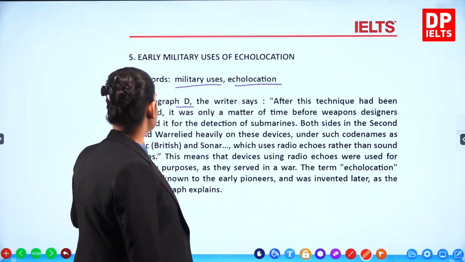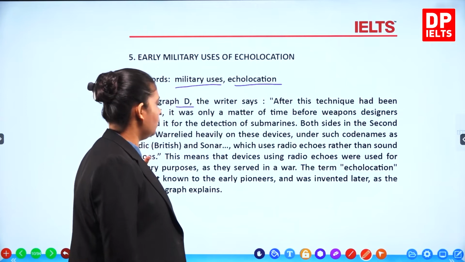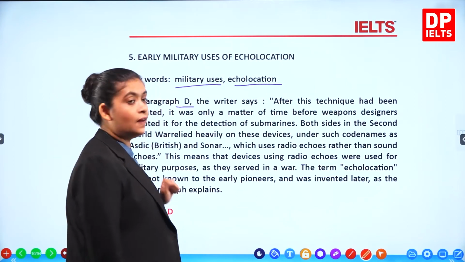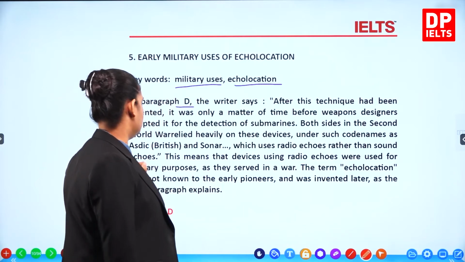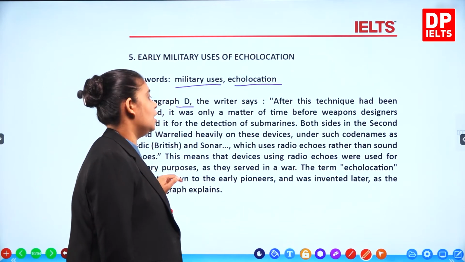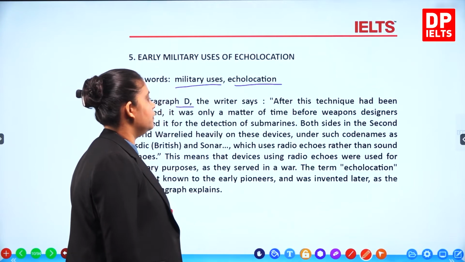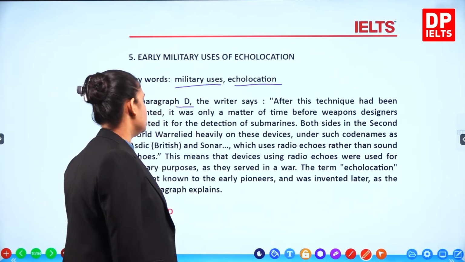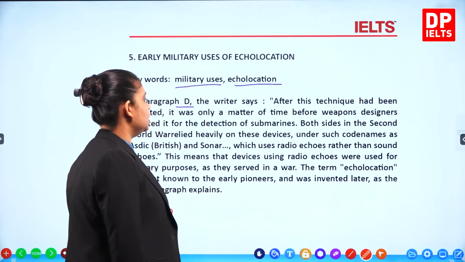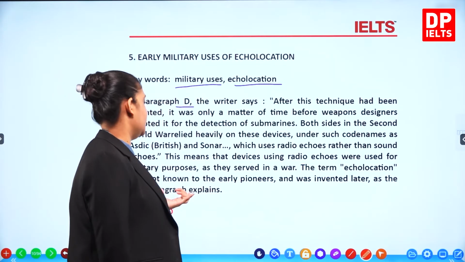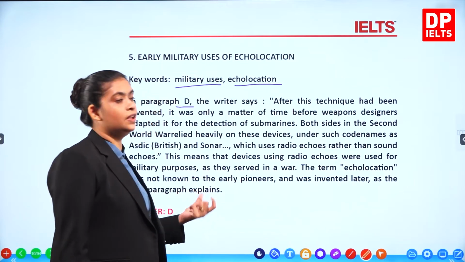Both sides in the Second World War heavily relied on these devices under such code names as ASDIC, which the British called it, and sonar, which uses radio echoes rather than sound echoes. This means that devices using radio echoes were used for military purposes as they served in the war.